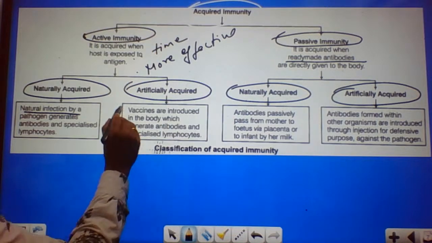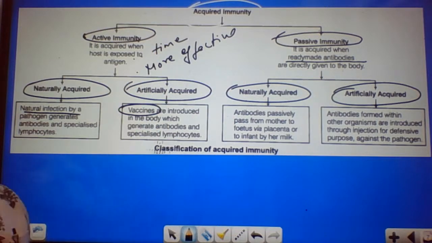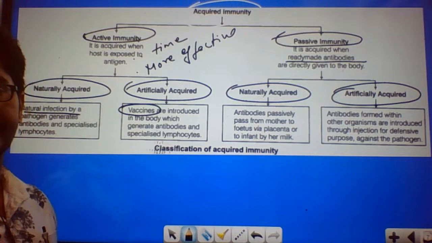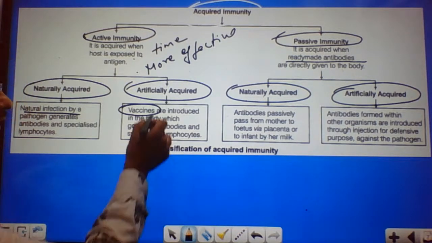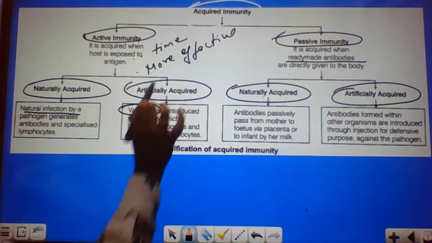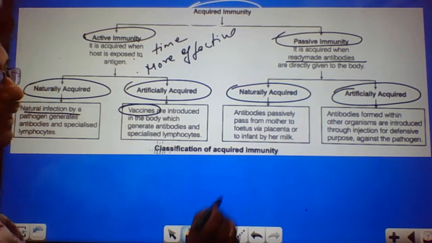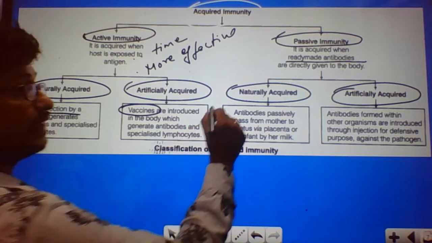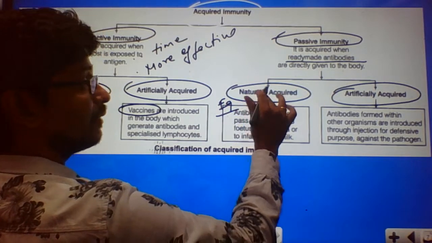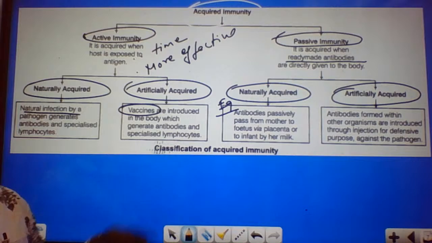So this type of immunity is called natural acquired immunity. Artificial acquired immunity, I told you already, is from vaccines. Any type of vaccine, DPT vaccine, BCG vaccine, MMR vaccine, comes under artificial acquired immunity. Natural acquired passive immunity is usually from the mother to the fetus by means of the placenta. Guys, you should be very careful with the examples and the type of immunity. For that only I'm showing the slide.